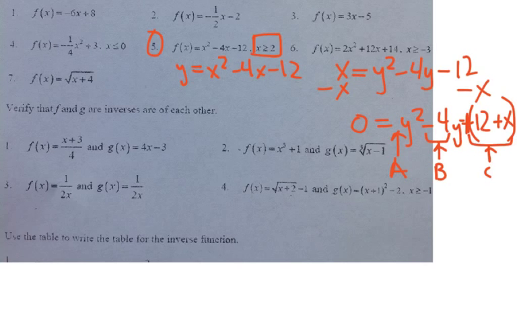So remember, the quadratic formula is the opposite of B, so positive 4 plus or minus the square root of B squared, so negative 4 squared, minus 4 times A, which is 1, times C. C is going to be 12 plus x.